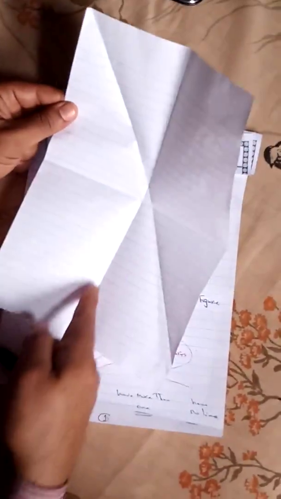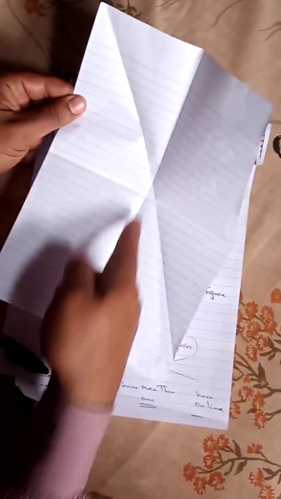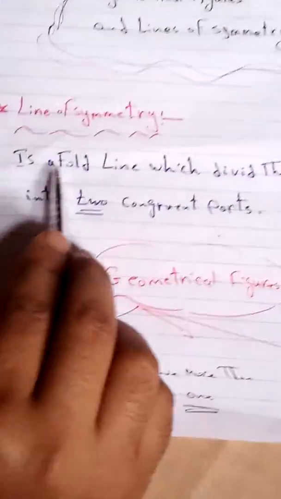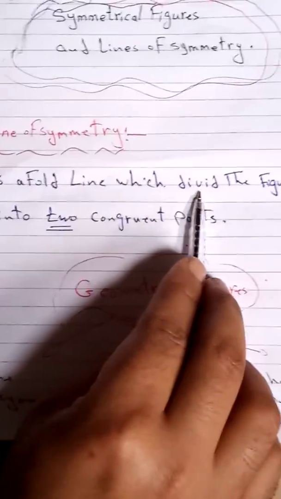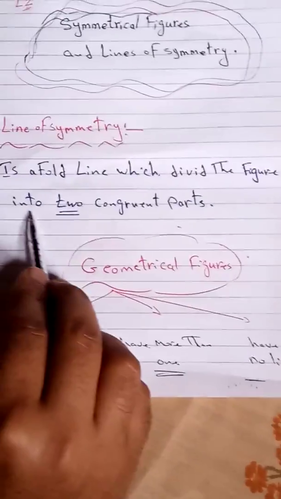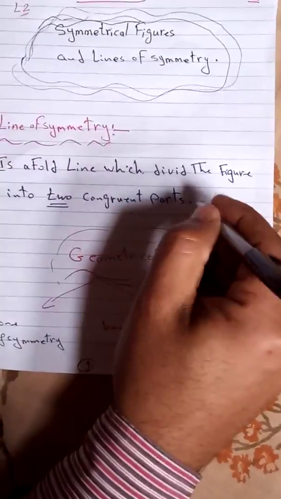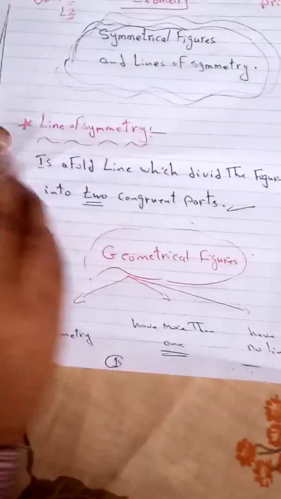So this line is also called a line of symmetry. So the line of symmetry is a fold line which divides the figure into two congruent parts. This is the meaning of line of symmetry.